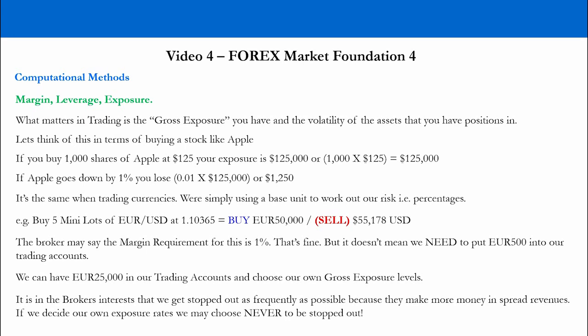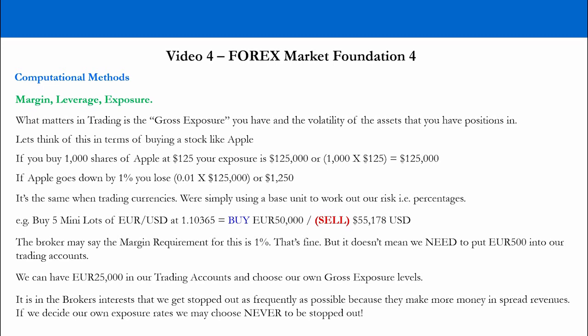That means you'd have to put up a minimum of 500 euros. Well, that's totally fine, but it doesn't actually need to be 500 euros that you deposit in your account. What you could do is put 25,000 euros in your trading account, and you basically choose your own gross exposure level. Therefore, you're choosing your own leverage.